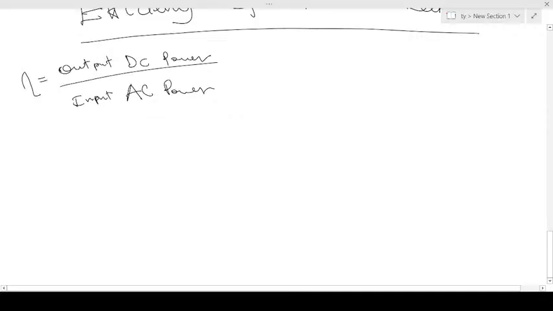Now our output DC power is I DC squared times R, where R is the resistance, all over our input AC power.